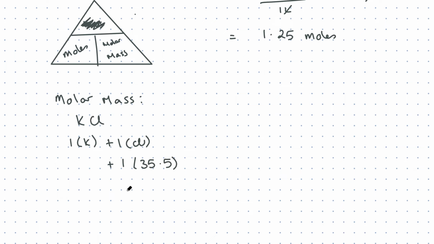We will take it as 35.5. And potassium, I said a minute ago, was 39. Sorry, so it's 39. So 1 by 39. And if I do that in my calculator, I'm going to have 39 plus 35.5. And if I get that out, I get 74.5. And remember, the units for molar mass is the grams in 1 mole.